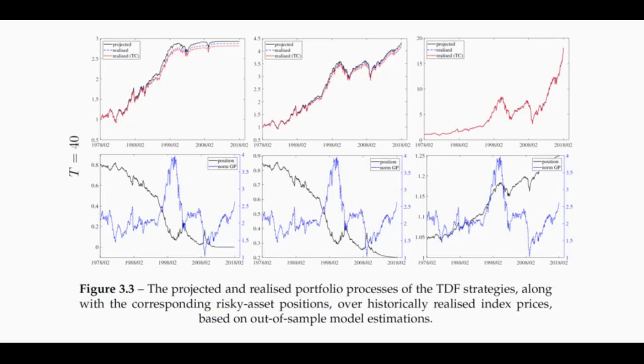So the more risk-averse investors will follow a reversion strategy, where when the market grows, they will cash out, and when the market decreases, they will buy more. Whereas the highly risk-seeking investor will buy more when the market grows. So he follows a momentum strategy.